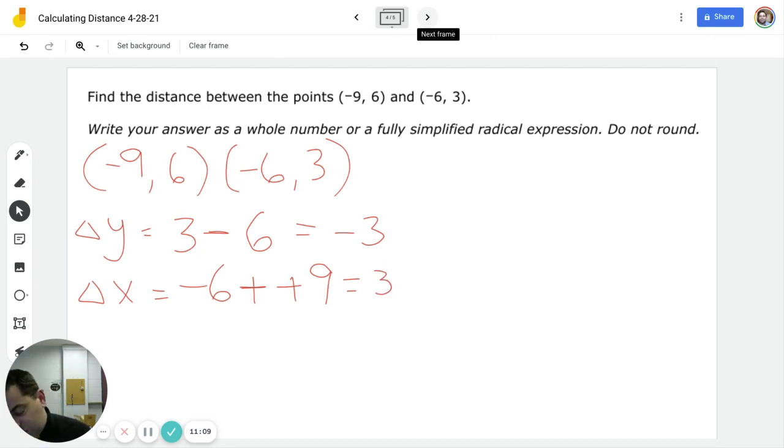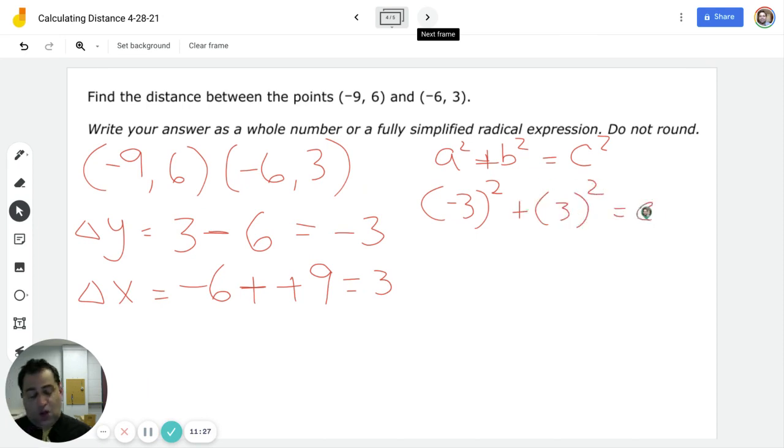Okay, let's plug it into a squared plus b squared. So I get -3 squared plus 3 squared equals c squared. Well, -3 squared is 9. 3 squared is 9.